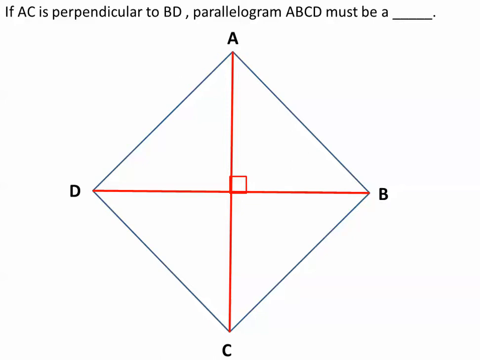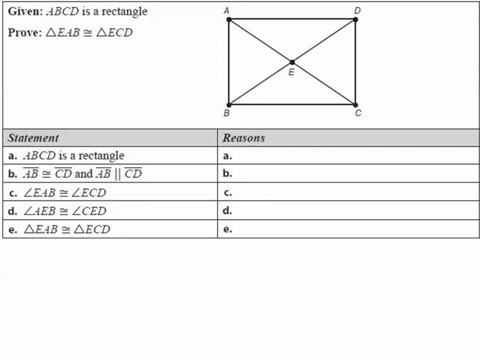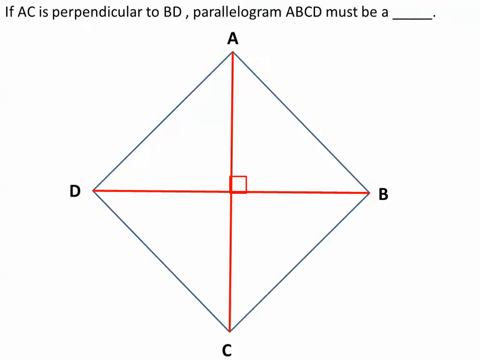Okay, so you go back and you think of your properties. When do I have perpendicular diagonals? Okay, so whenever you have perpendicular diagonals, you could have a rhombus or a square.